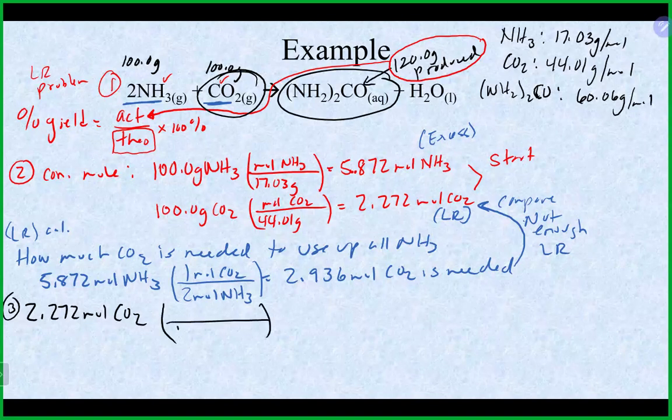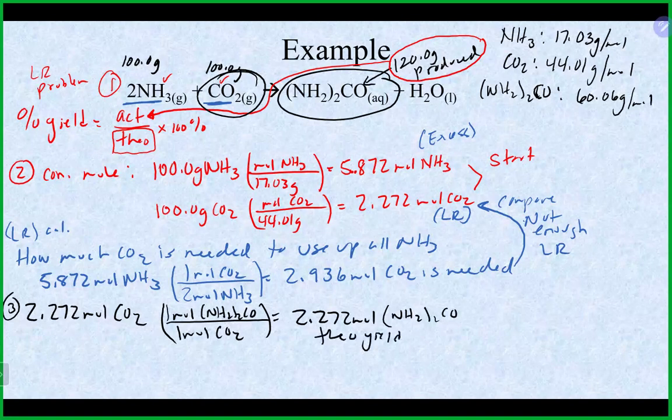So 1 mole of CO2 will give us 1 mole of our product in this case. And that's going to give us 2.272 moles of our product. This, by the way, would be our theoretical yield of our product in moles.